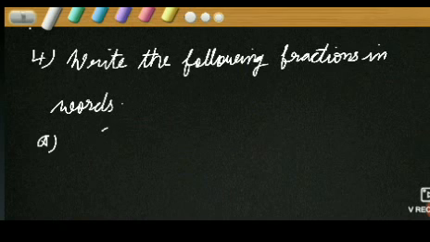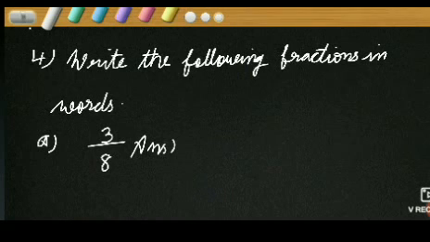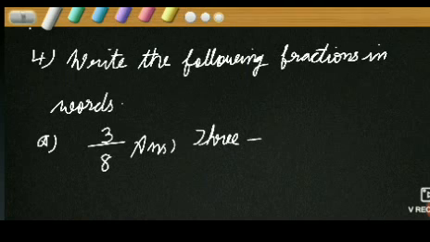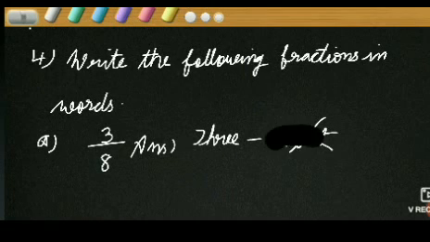A, 3/8. We can write the answer here. What is the answer for this? First write the numerator in words. So what is it? 3. And can we write the denominator as 8? No. What has to be done then?